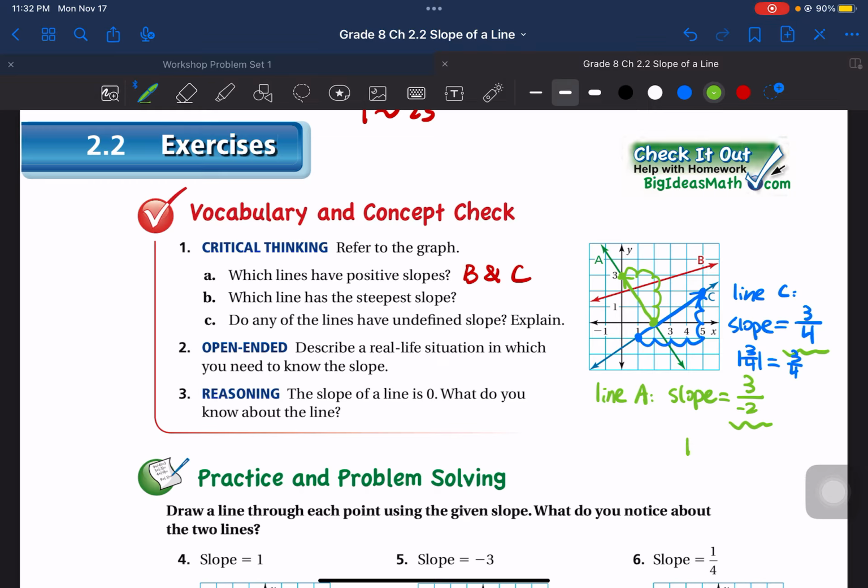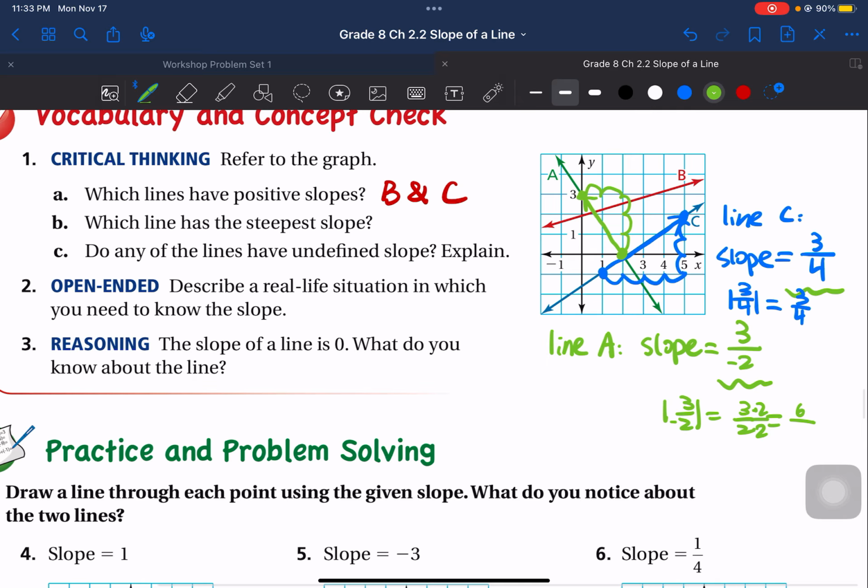While the absolute value of negative 3 over 2 is a positive 3 over 2. And a positive 3 over 2, you can multiply by 2 on top and at the bottom, so you have 6 over 4.